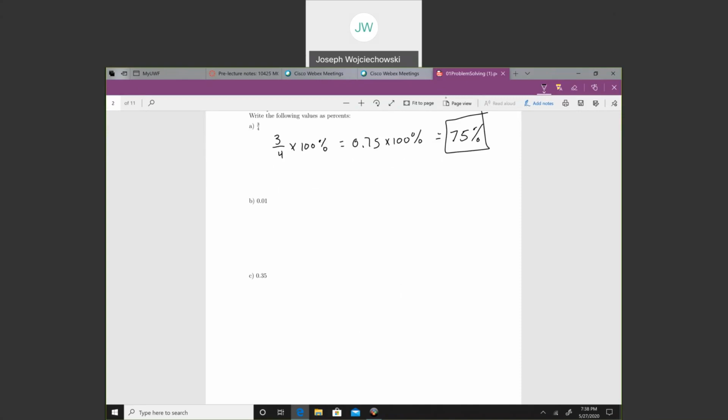Okay, now our next one is the decimal. Now, if you remember, your decimal first place is the tenth, and the second place is the hundredth. So this is equivalent to 1 over 100, which we don't need to do. This is essentially got the division completed already.